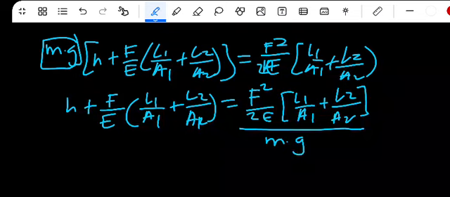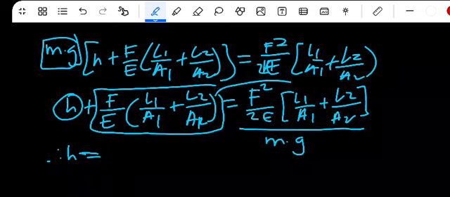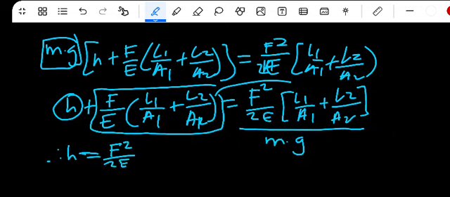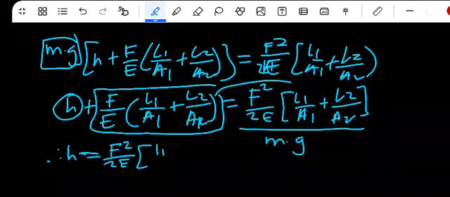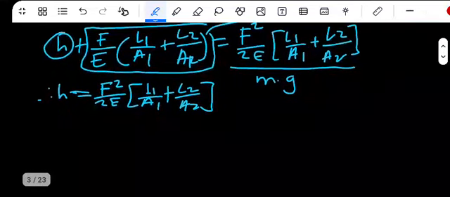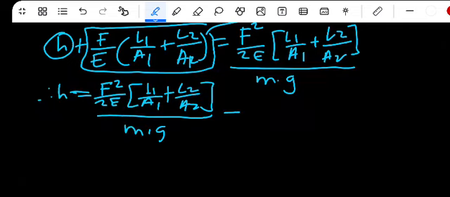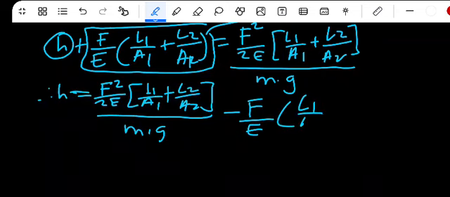Now we want H, so you can see this, you take all of this to the other side, you subtract by all of that. F squared over 2E into L1 over area 1 plus L2 over area 2, divide by mg minus F over E into L1 over area 1 plus L2 over area 2.